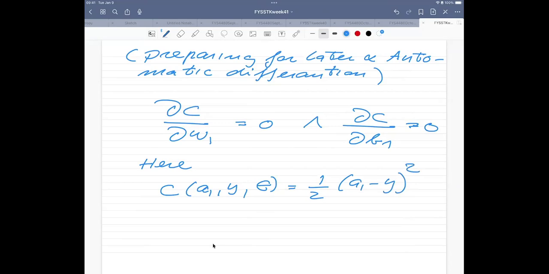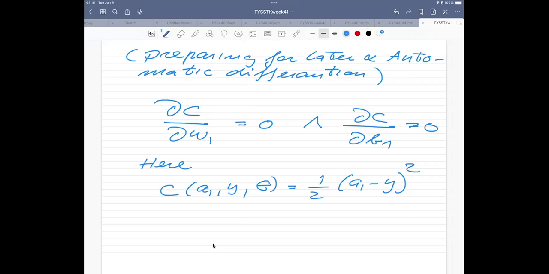In this case, we have only one data point. I put a factor of 1/2 because when I take the derivative, I get rid of the factor 2 from the derivative. So this is a kind of a standard which has been introduced in the literature.